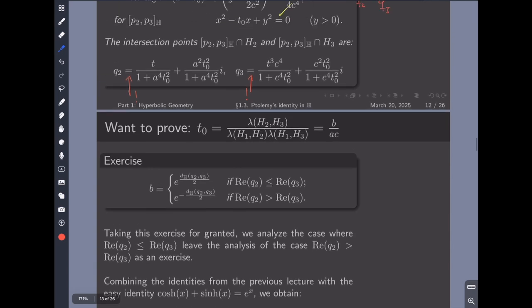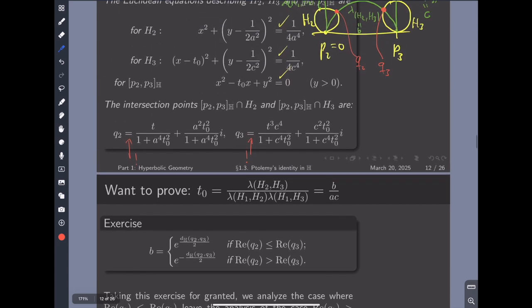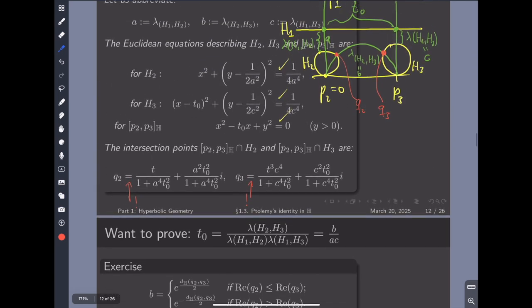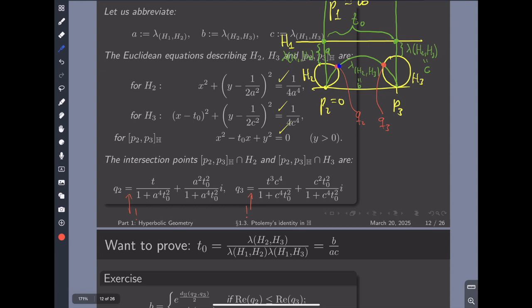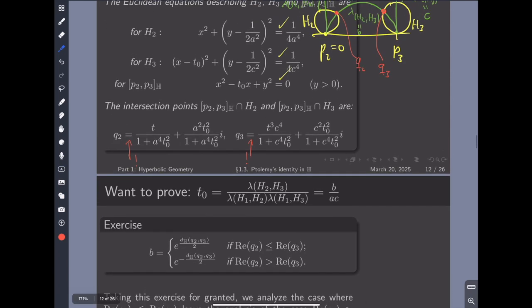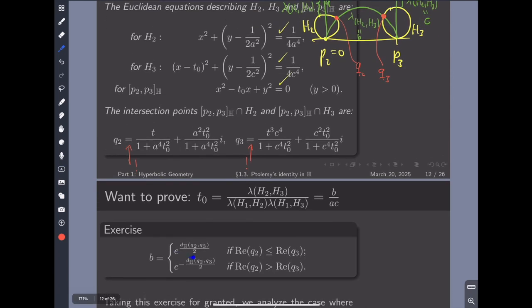Yeah. Okay. Now B is this, but the lambda in lambda length. B is this, which is this exponent.